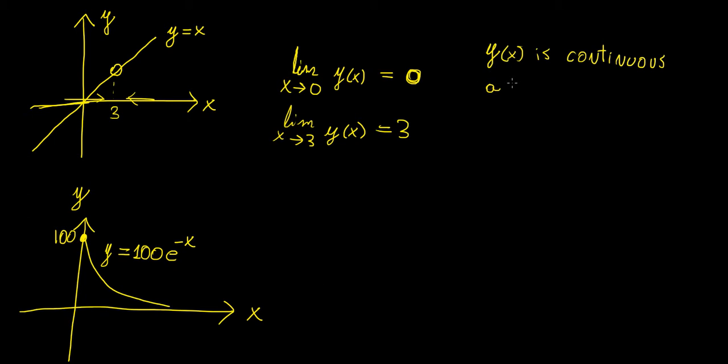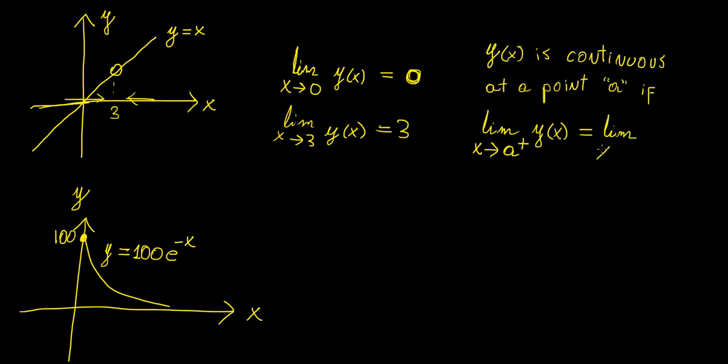So at a point, let's call it a, if the limit as x approaches a from the positive side, so that would mean from the right hand side of the x-axis, so it is moving to the left, of the function y of x is equal to the limit as x approaches a from the negative side, so it will be from the left, of the function y of x. So we can already see that this is quite useful for making mathematical definitions.